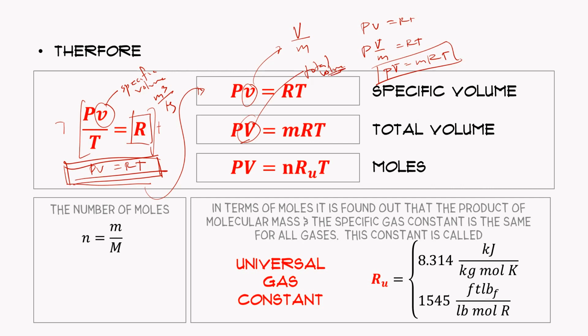And then since the mass of a matter can also be expressed in terms of moles, the relationship is simply this. N, the number of moles, is equal to the mass in kg divided by the molecular weight, or actually molecular mass, in kilograms per k mole.